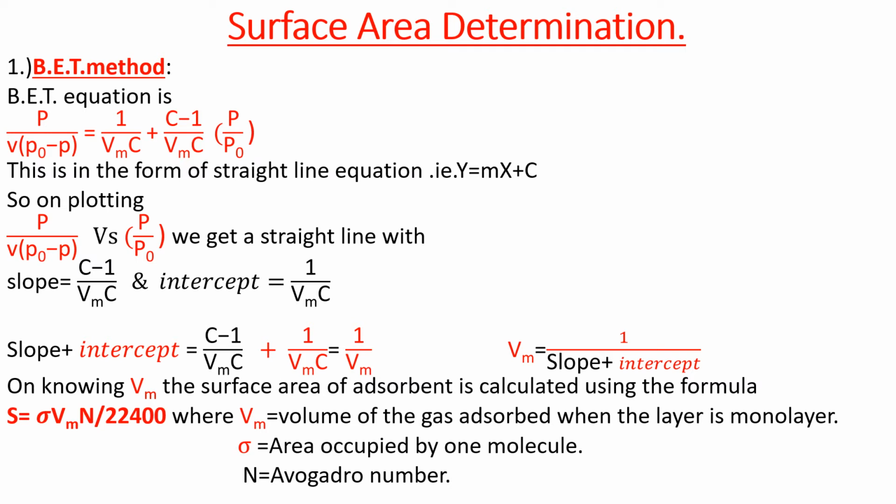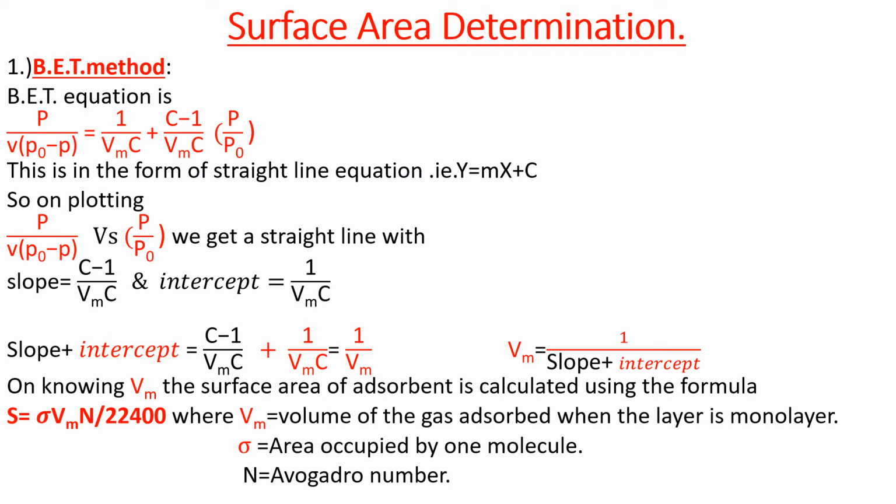Here Vm is the volume of gas adsorbed when the layer is a monolayer, determined from the graph. Sigma is the area occupied by one molecule, and N is the Avogadro number. On substituting Vm, sigma, N in the equation, S is equal to sigma Vm N divided by 22,400, one can simply calculate the value of S, that is the surface area of the adsorbent.